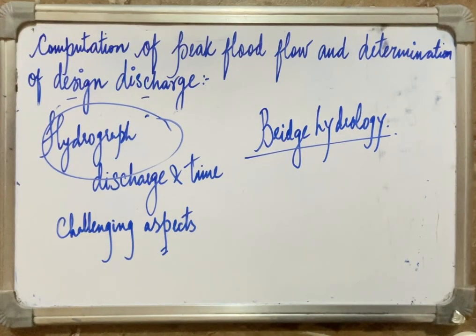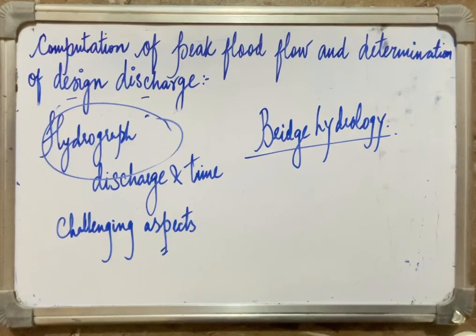So this is very challenging, and generally a hydrologist is required to provide peak rates of discharge and stages at a designed frequency, or he may even synthesize a complete discharge hydrograph for a design storm.